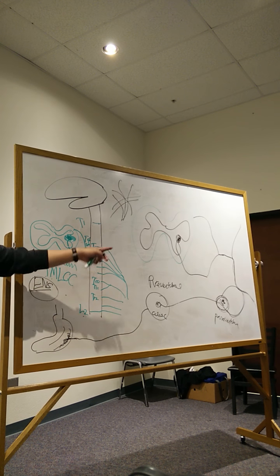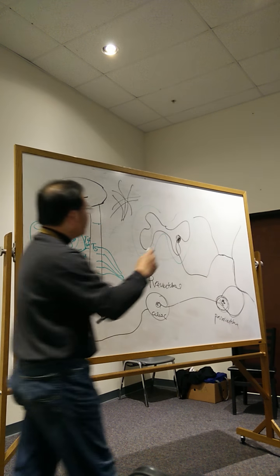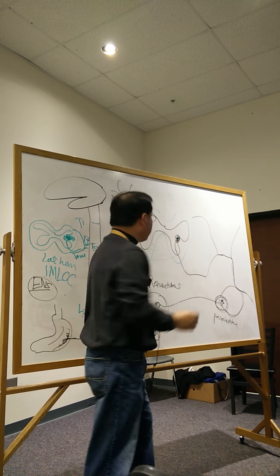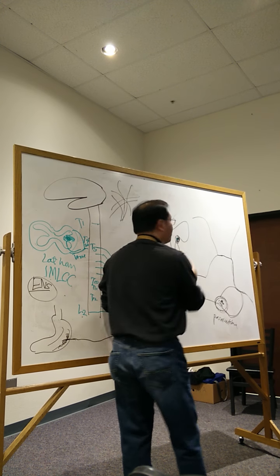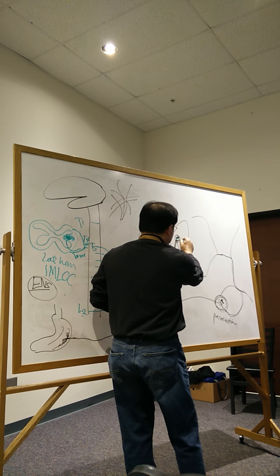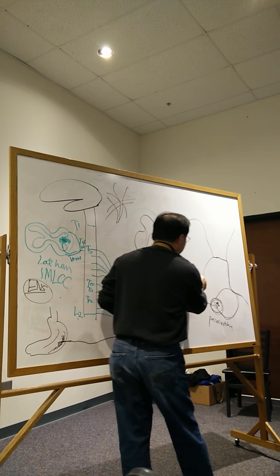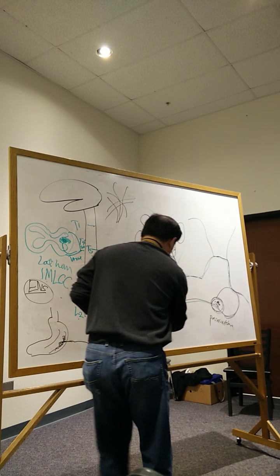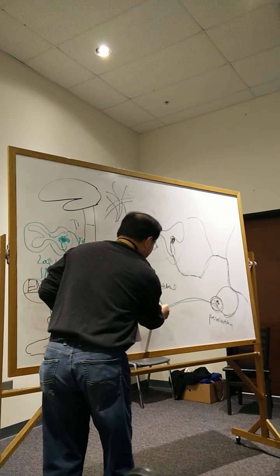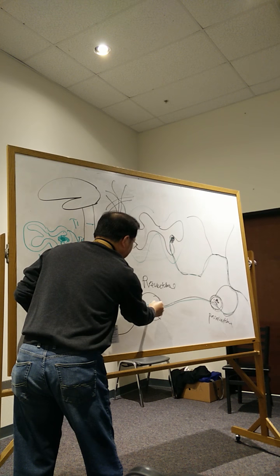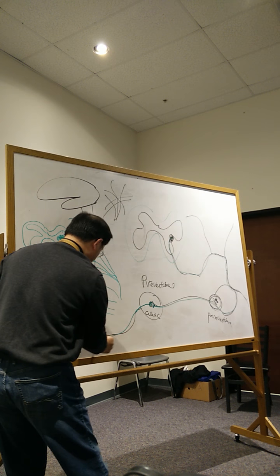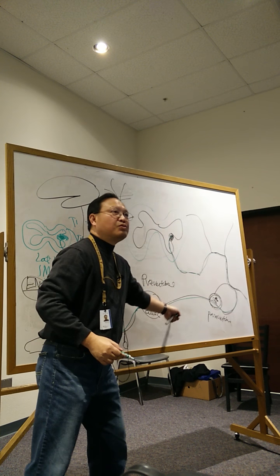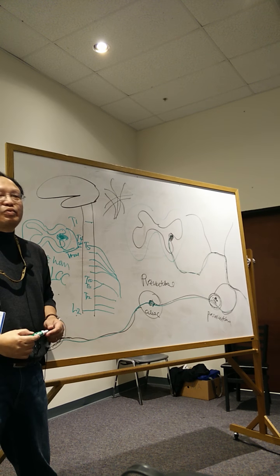But what am I telling you here? That one cell in the intermediolateral cell column is a multipolar neuron. It has an axon that is traveling all this way, and it synapses in here. Then you have another cell in here, so this is a second cell that it synapses to. So it has two neurons, it's a two-neuron pathway.